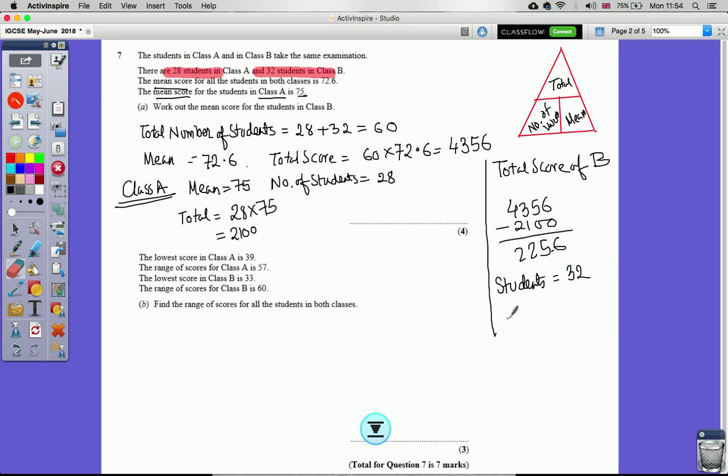So the mean will be 2,256 divided by 32, and the answer is 70.5.